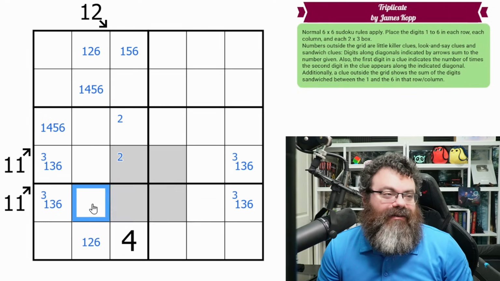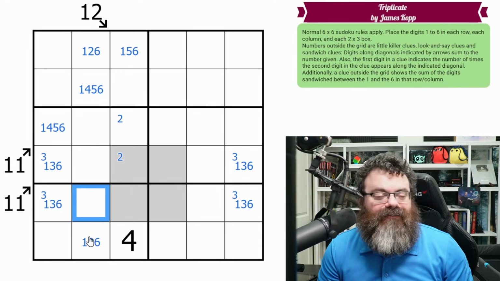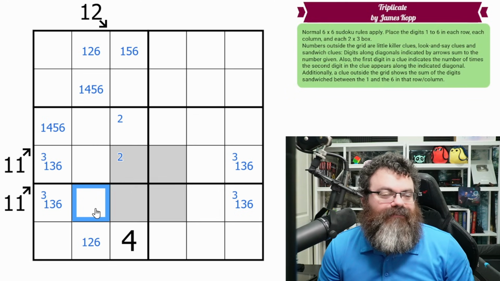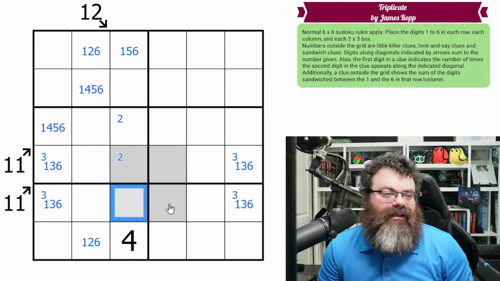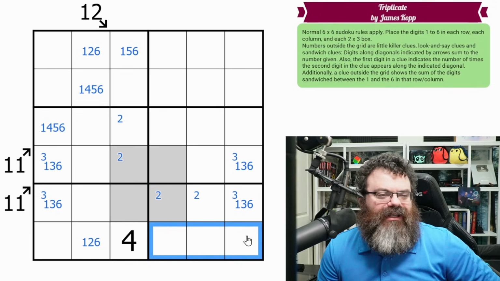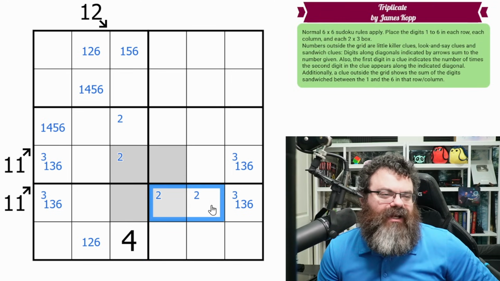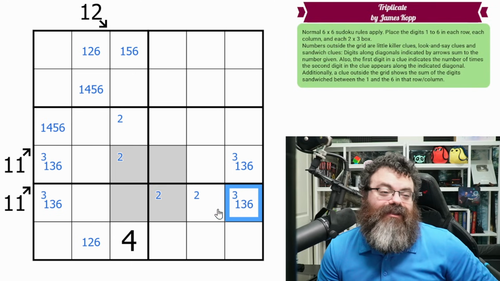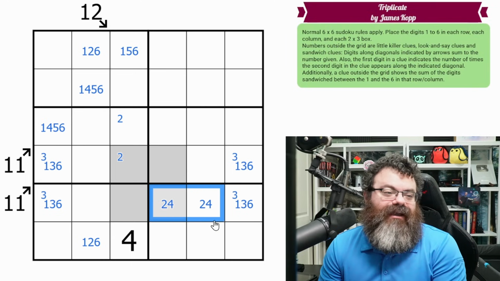And it's not here because that would make it part of our 12 clue, which we can't do. And it can't be here because these 2s point down. So the 2 ends up in one of these two. I feel like I'm just whittling away. Oh, and then we need a 4 up here as well. And this is not a 4. It's 1, 3, or 6. So this ends up being a 2, 4 pair.